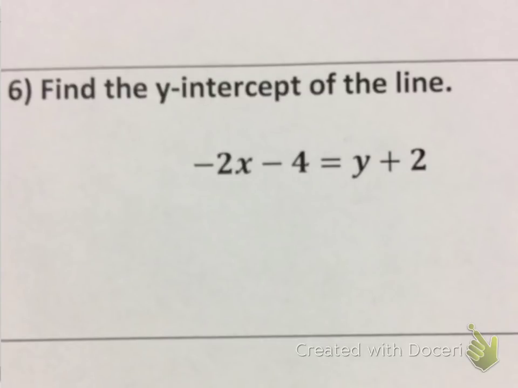This one says find the y-intercept of the line. So again, back to what I just said, if we're looking at an equation in this form right here, this back part, the b value that's added or subtracted on, is the y-intercept. So I need to get my equation into that form. Now if you notice here, my y is over here, and I need y to be equal to everything else.